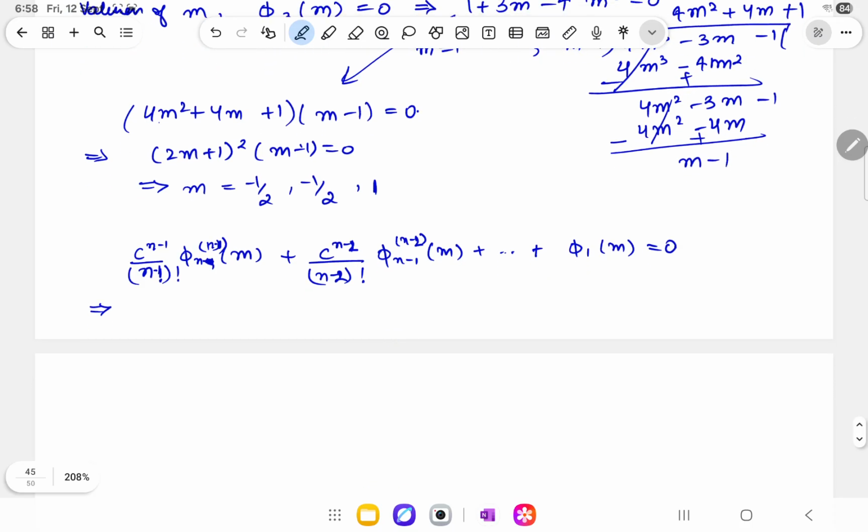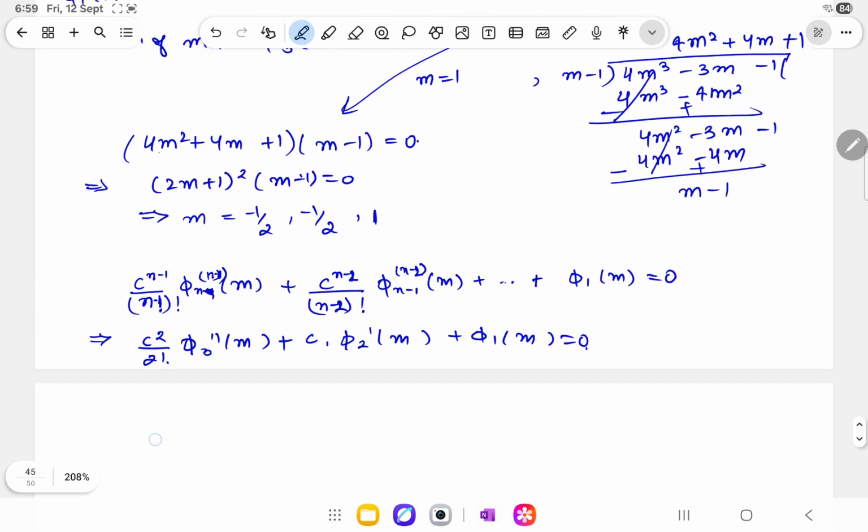So in our case n is basically equals to 3, so we'll be getting our formula as c square by 2 factorial into phi 3 double dash m plus c into phi 2 dash m plus phi 1 m is equals to 0.